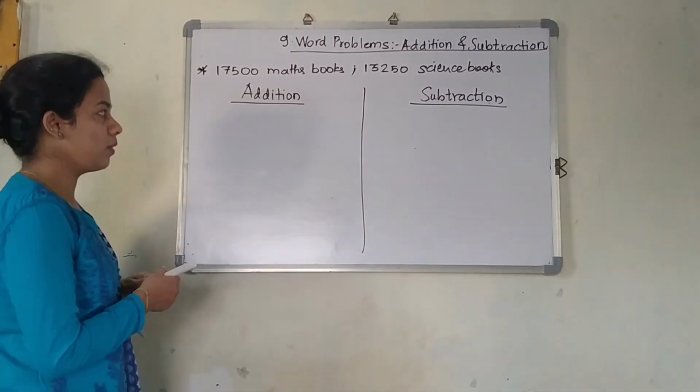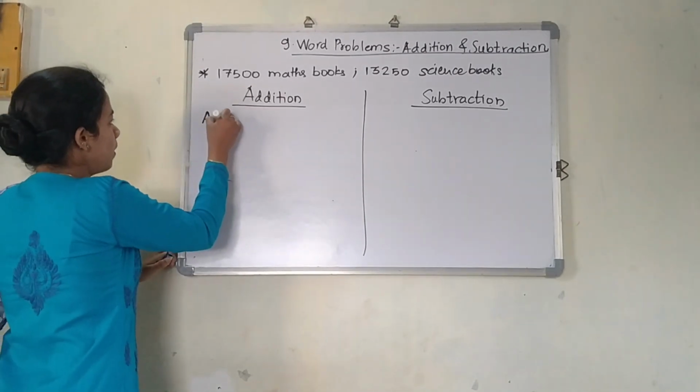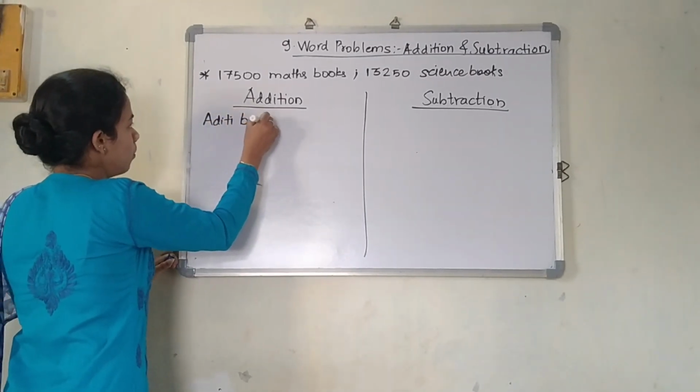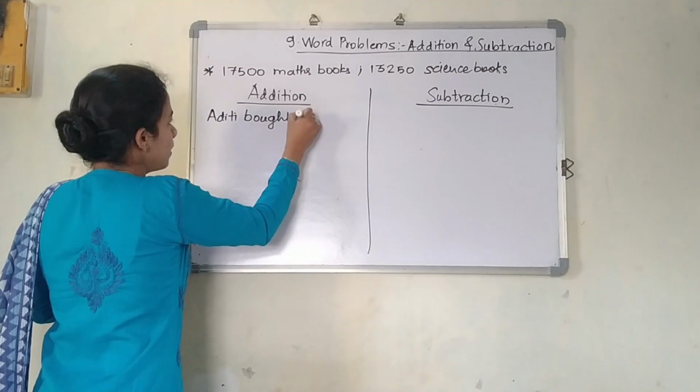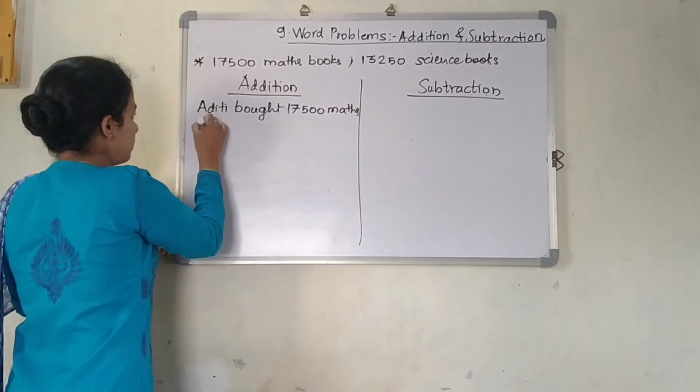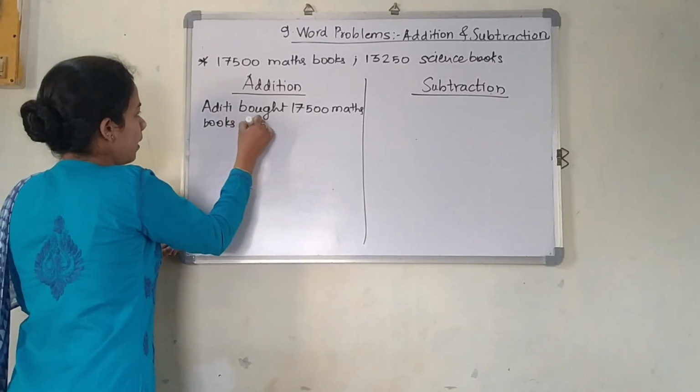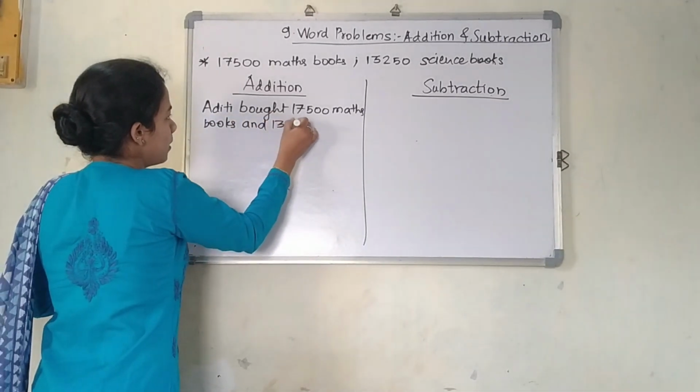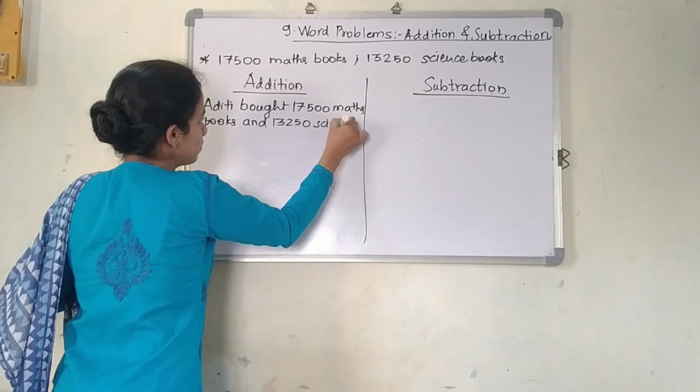My addition question will be: Aditi bought 17,500 maths books and 13,250 science books.